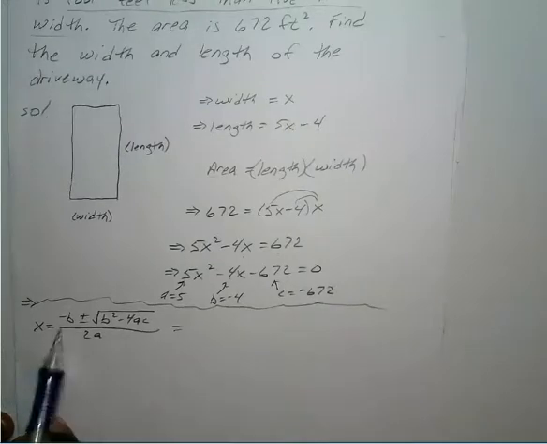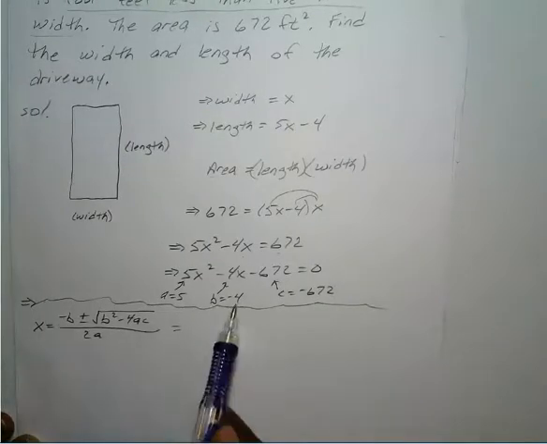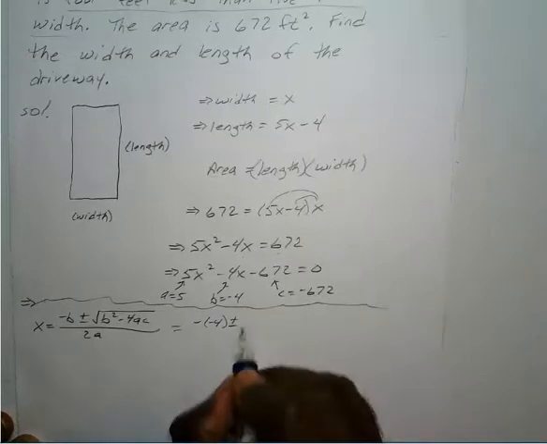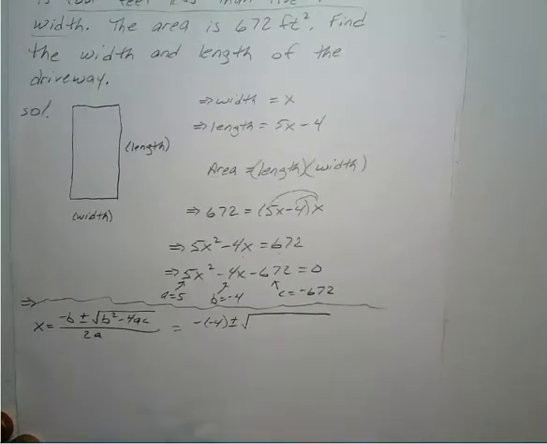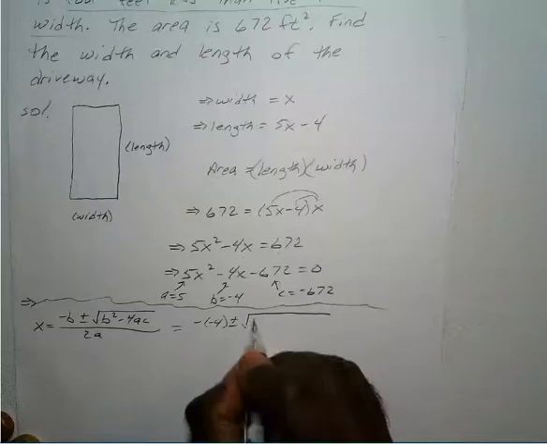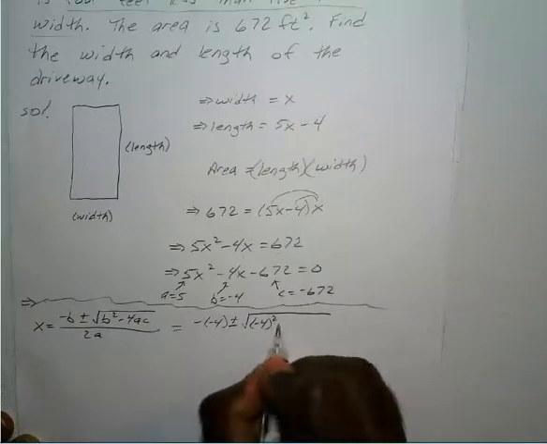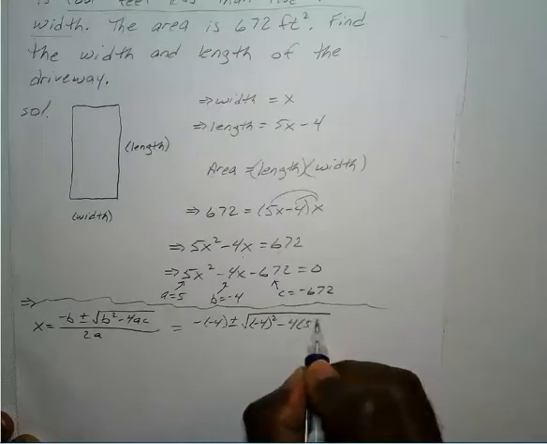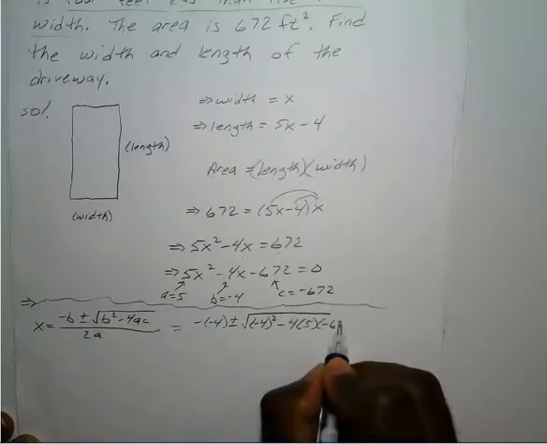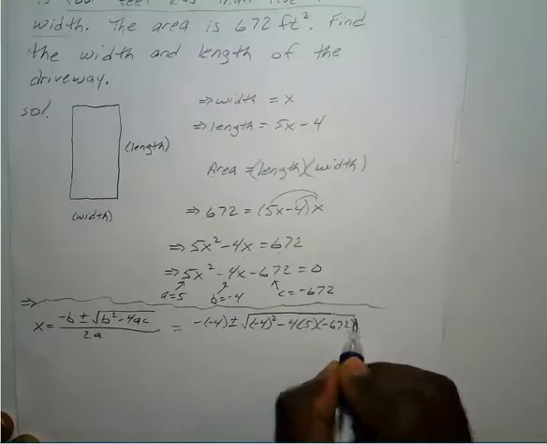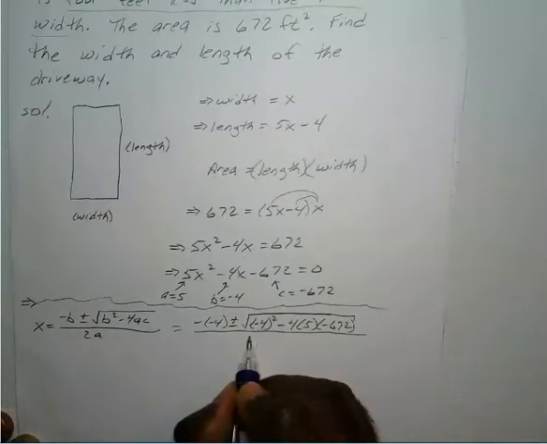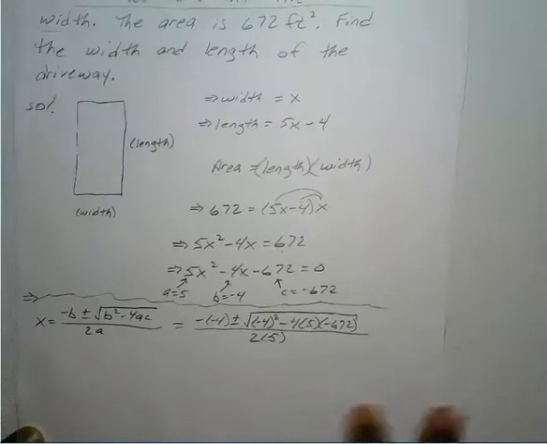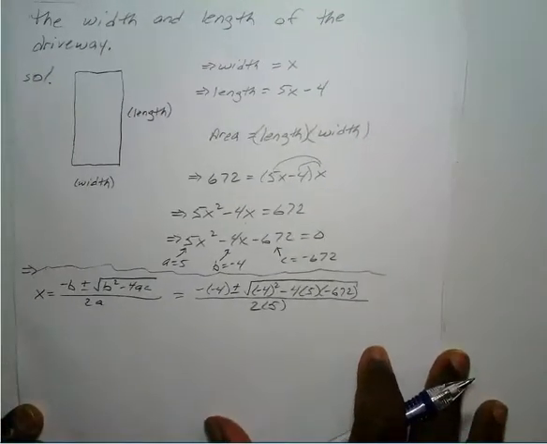Okay, so if we plug it in, negative b, so that's negative 4, plus or minus the square root of b squared, so that's negative 4 squared, minus 4ac, so that's 4 times the a times the c, all over 2a, so that's 2 times 5.